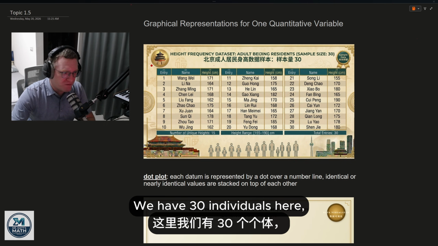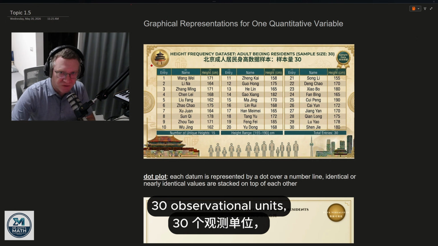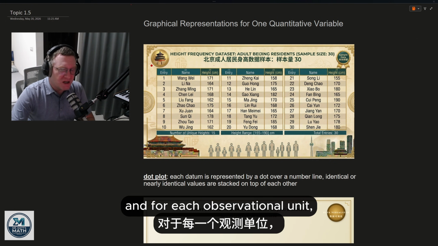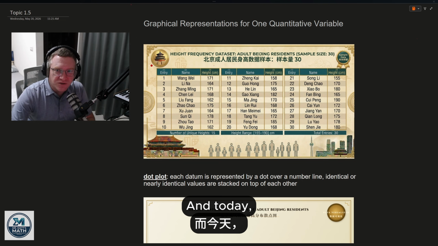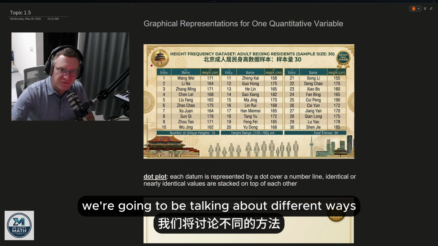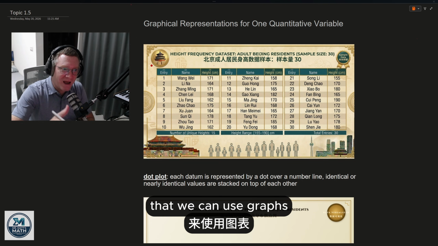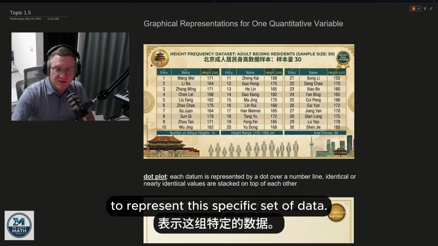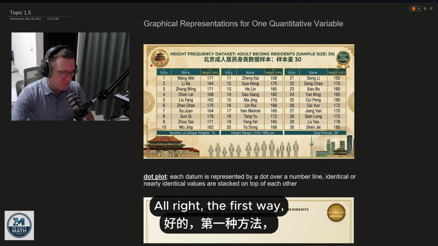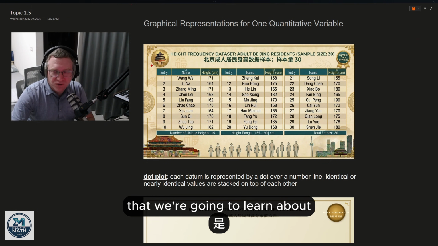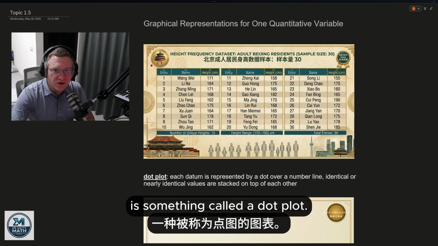We have 30 individuals here, 30 observational units. For each observational unit, we have measured their height and recorded it. Today we're going to be talking about different ways that we can use graphs to represent this specific set of data.